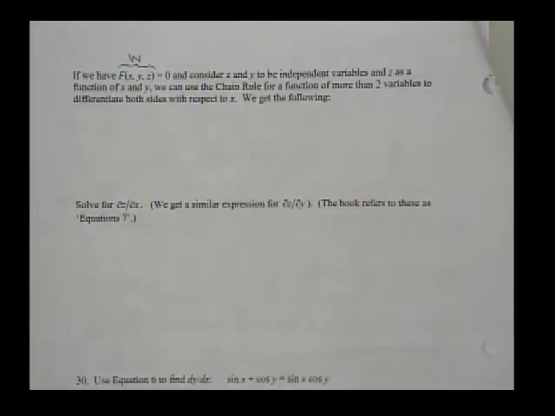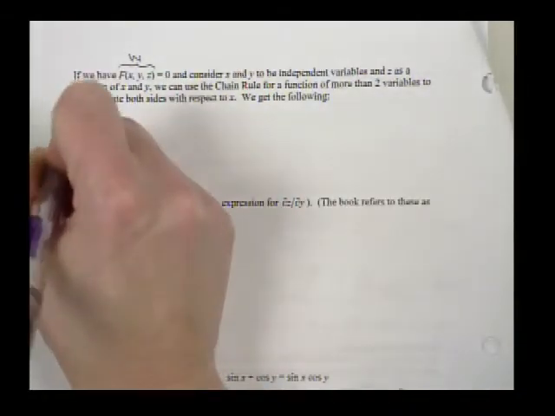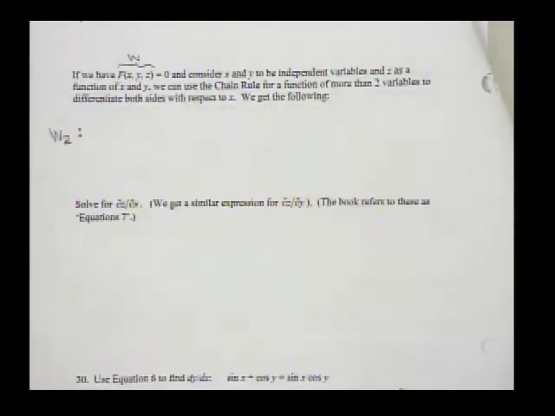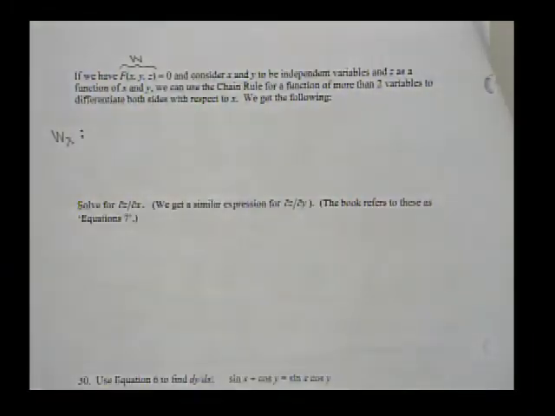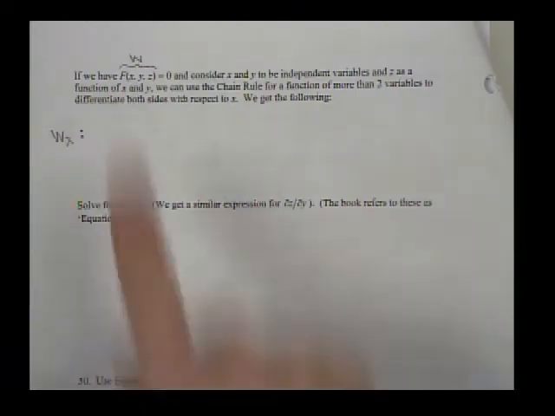Okay, so the chain rule says if we want to find w sub x, sorry, then we'll do the partial with respect to x. It's a function of 3 variables.